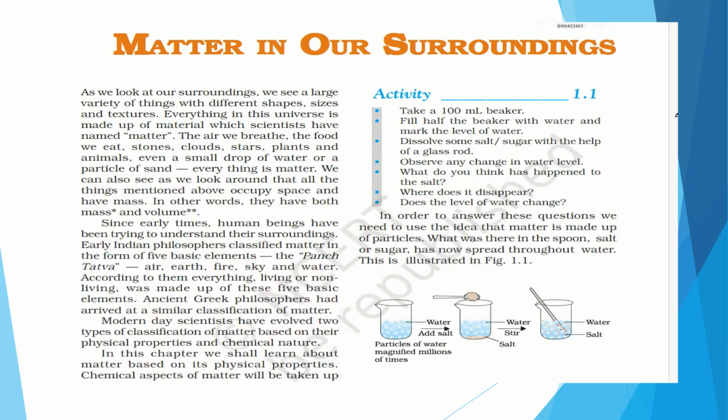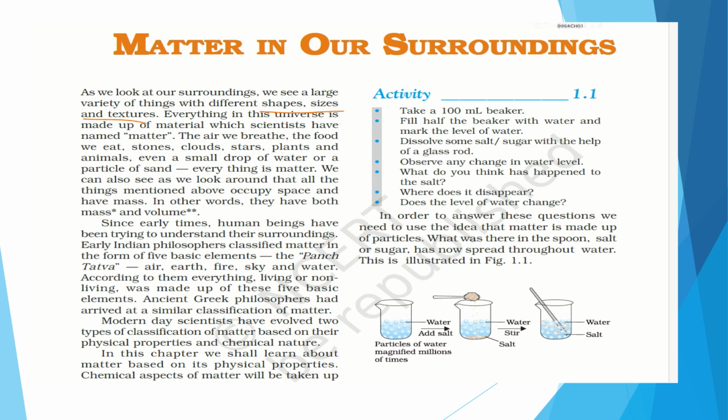So today's lesson is matter in our surroundings. We all know that whatever we look at around us in our surroundings, we see large varieties of shapes, sizes and textures. They all are matter. Everything in this universe is made up of material things, and that material is named matter.